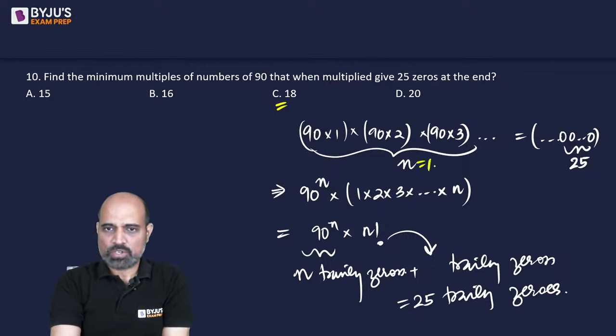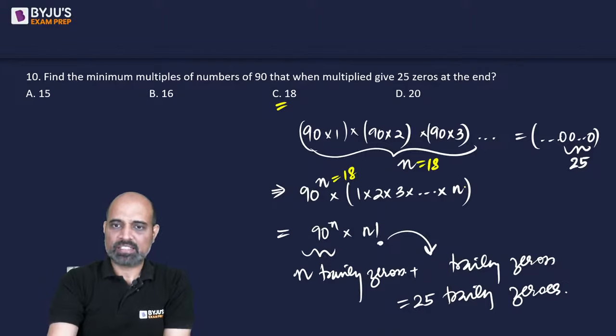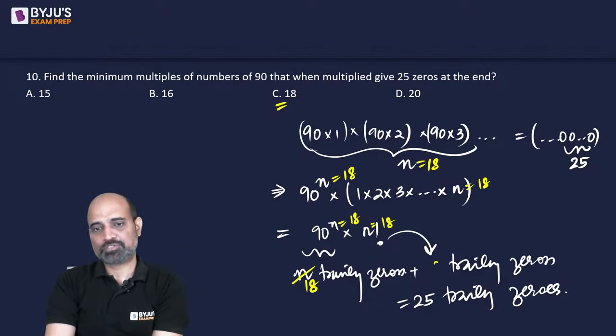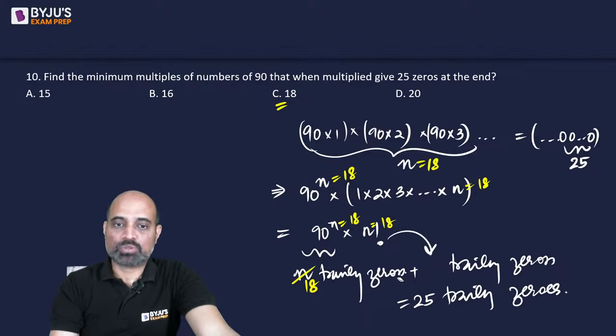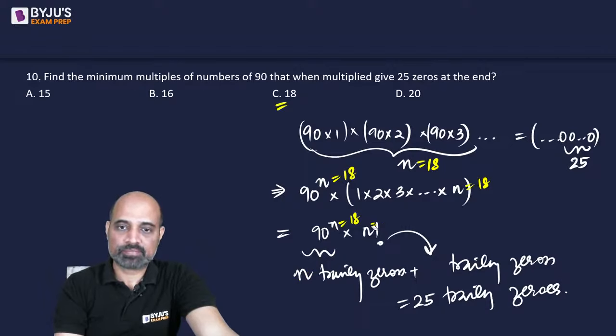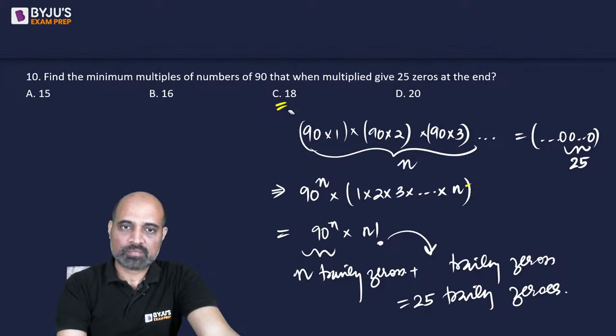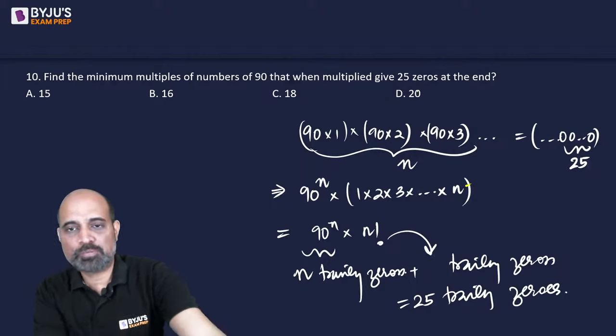If you take n equal to 18, so we will be getting 18 trailing zeros plus 18 factorial. They have 3 trailing zeros. So 18 plus 3 is 21 trailing zeros and not 25. So 18 वर्कआउट नहीं कर रहा है, तो 20 करना चाहिए, because 16 will be way less.